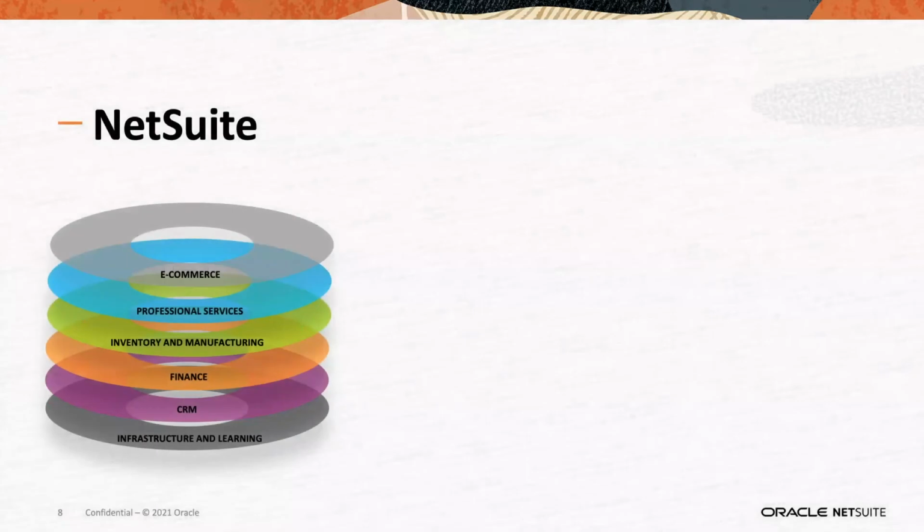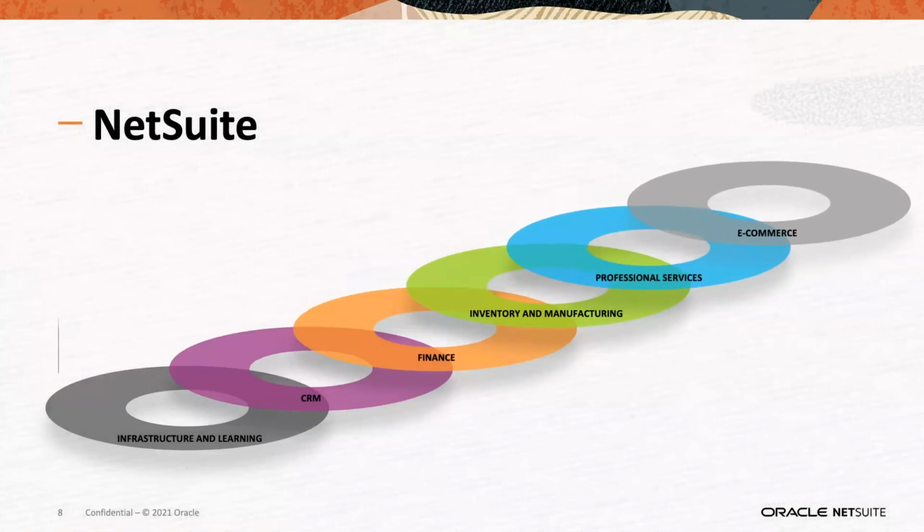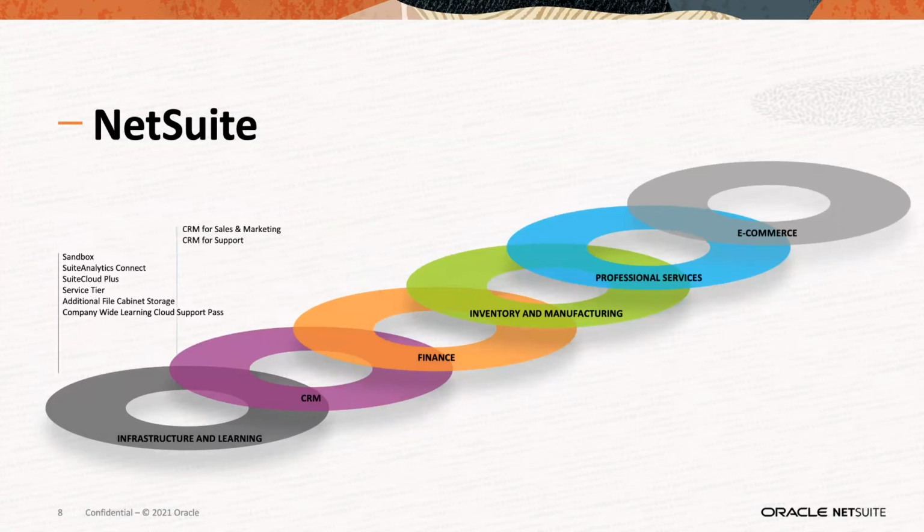Here's a high-level overview of all that I will be going through today. I've grouped the modules by functional area, though some do interact with others. For simplicity though, I will treat each one separately. Okay, so the first is the infrastructure and learning part of NetSuite. I'll be going through each of those individually with you. CRM, cheekily, even though that is always bundled with NetSuite, I thought I'd go into that a little bit more because it's a little bit undervalued.